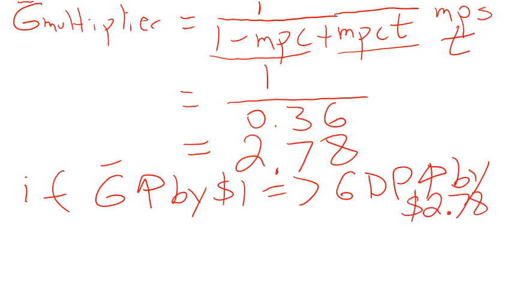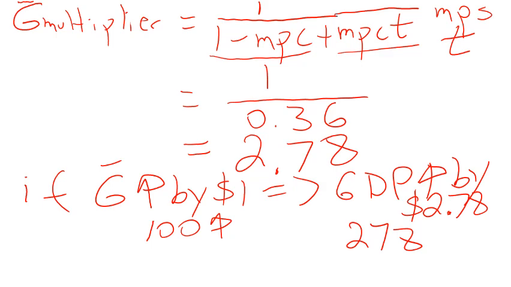$2.78. And if government spending goes down by $1, then gross domestic product will go down by $2.78. What if government spending goes up by $100 million? Well, then GDP will go up by $278 million.